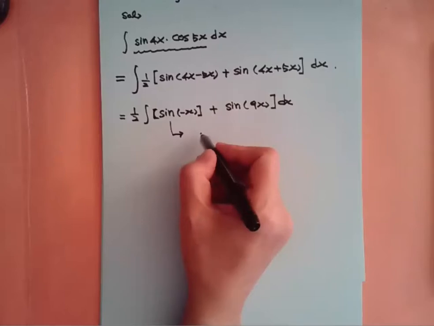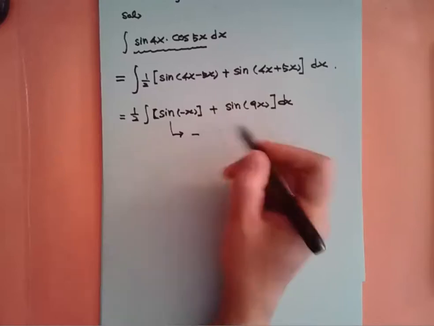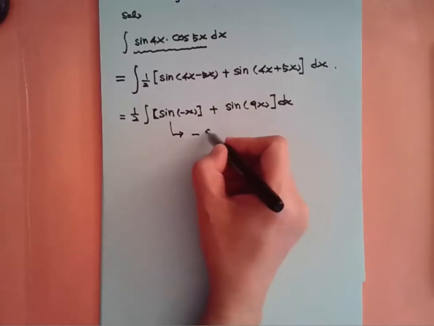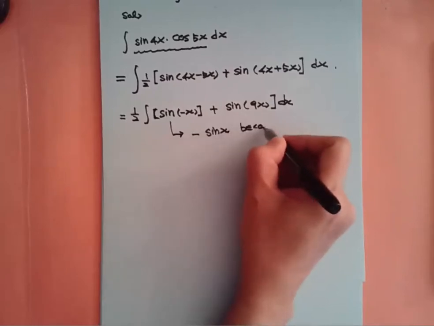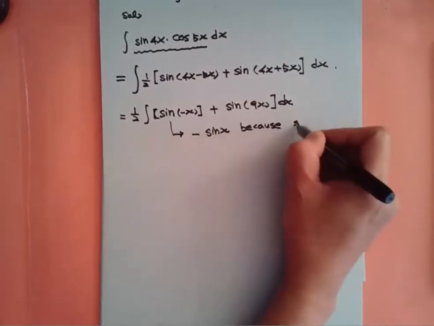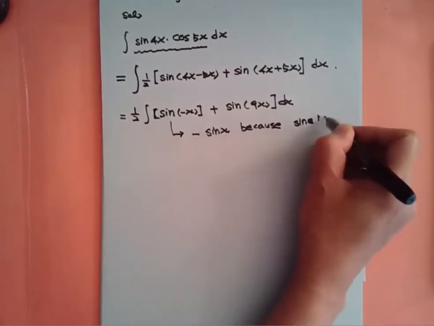In this case, sine of negative x can be written as minus sine of x because sine is an odd function.